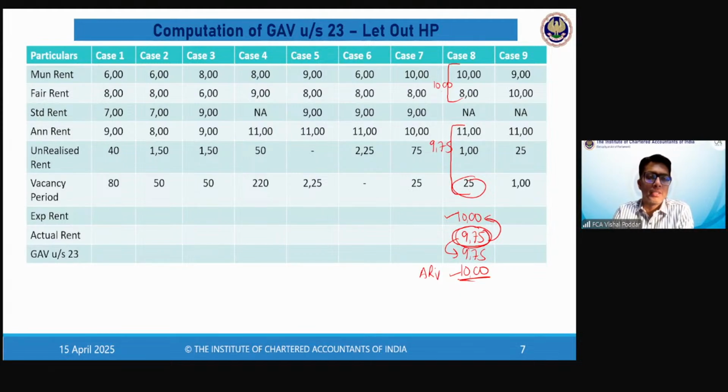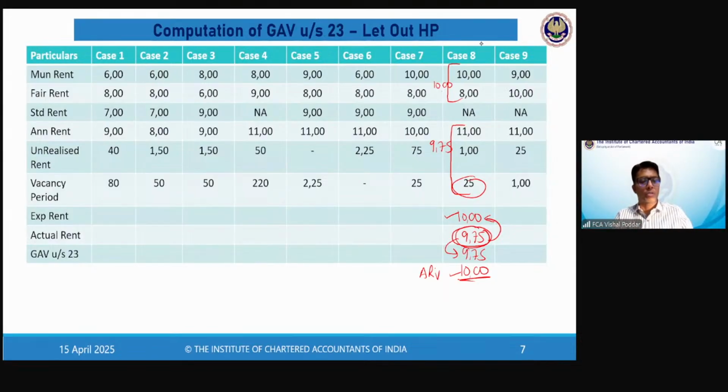Oh, sir, someone asked in the group that this rule is for section 23(1)(a), 1(b) or section 23(1)(c). But it is for entire 23(1) because 23(1) deals with let out property.